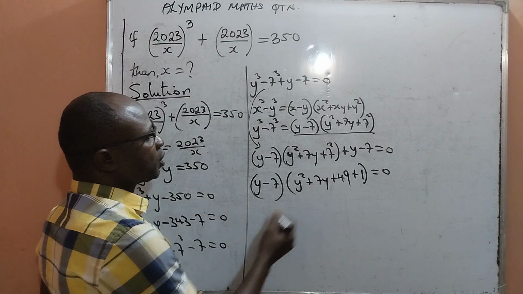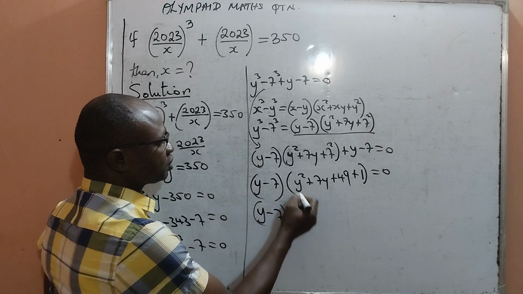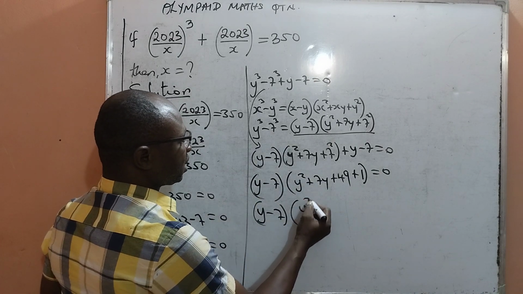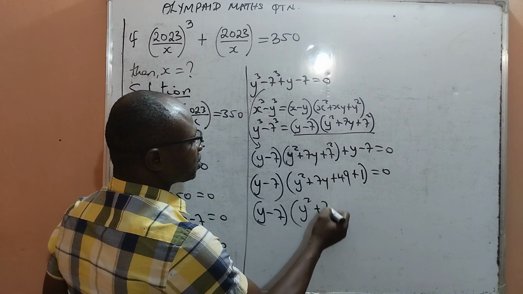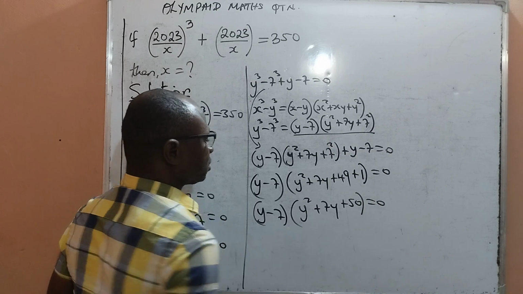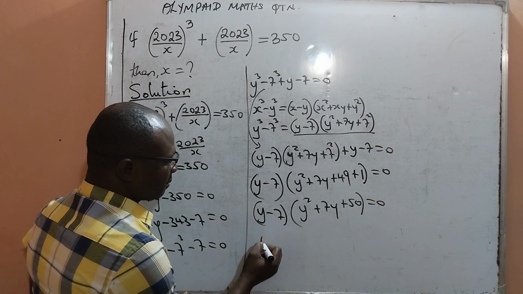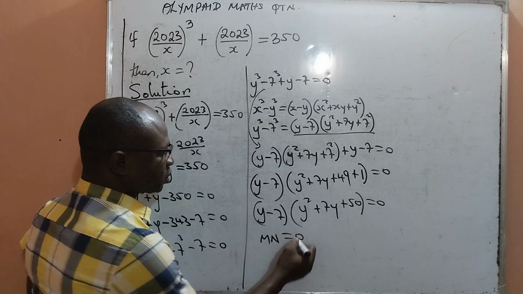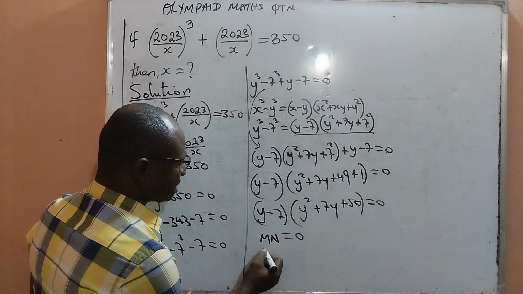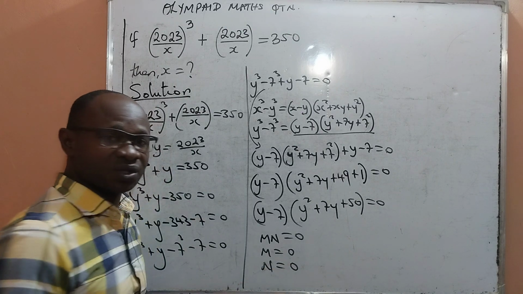Now, at this point, it will be written as (y - 7)(y^2 + 7y + 50) equal to 0. Okay, if I have m times n equal to 0, what it means is that m is equal to 0 and also n is equal to 0.